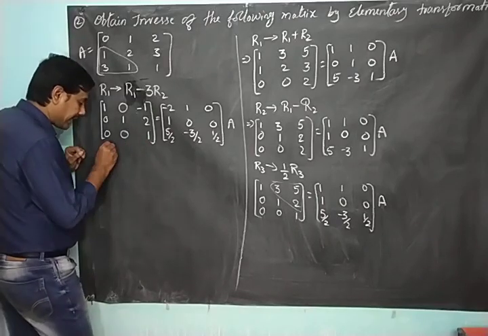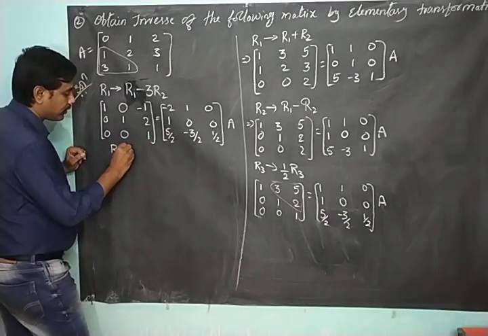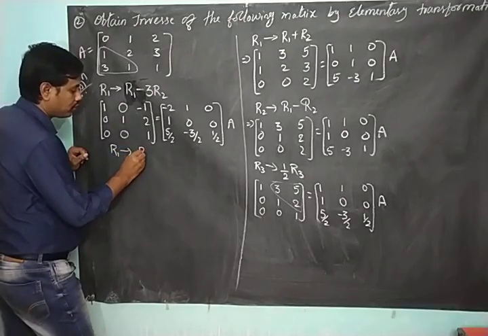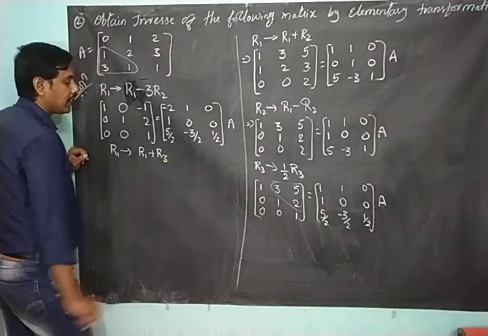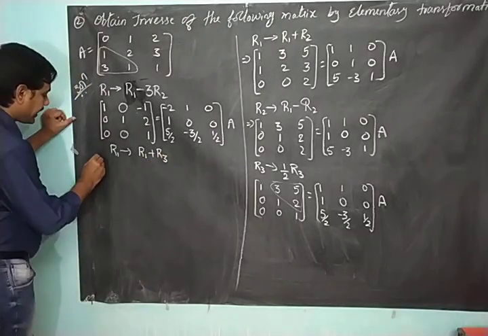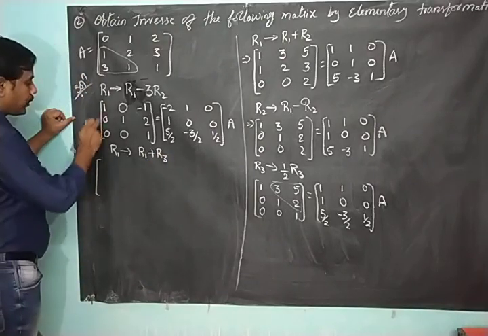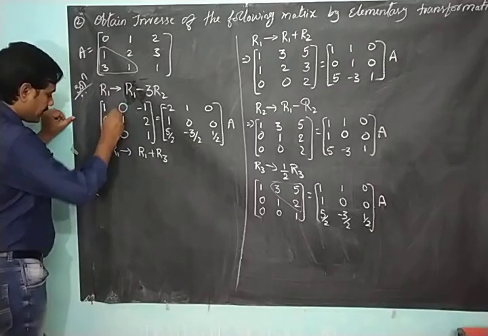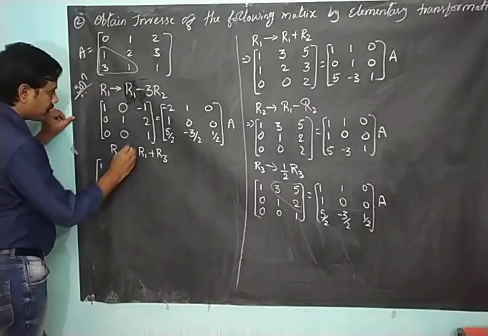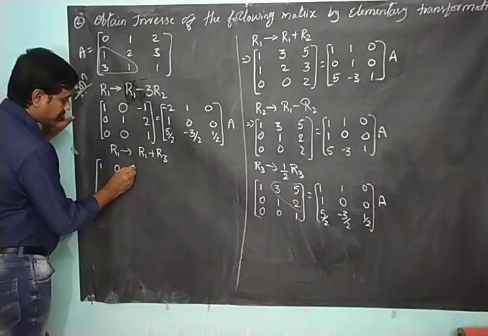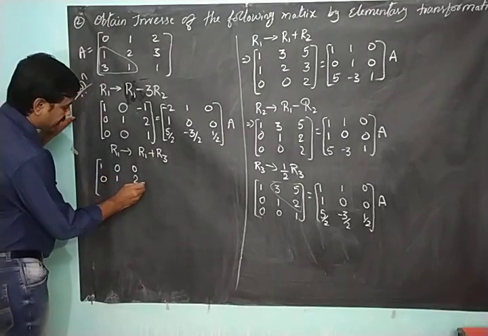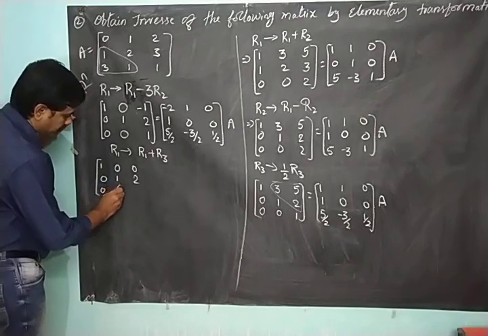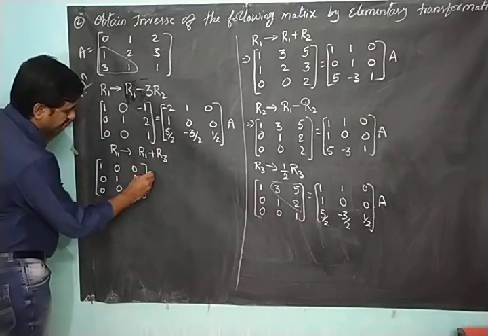So I can write R1 changes to R1 plus R3. So what will I get? 1 plus 0 is 1, 0 plus 0 is 0, minus 1 plus 1 is 0. So 0, 1, 2 as it is, 0, 0, 1 as it is.